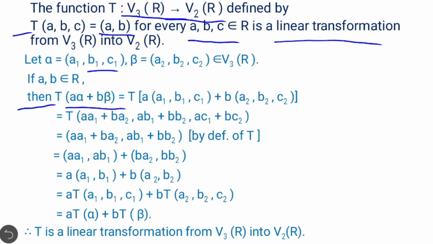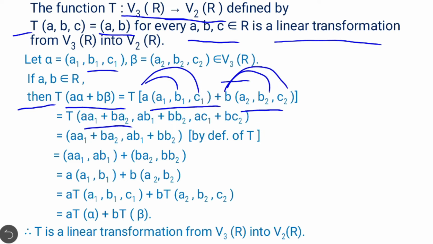It will be T(a(a1, b1, c1) + b(a2, b2, c2)), which comes out as T(a a1 + b a2, a b1 + b b2, a c1 + b c2).